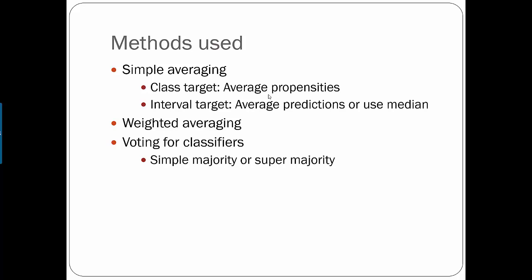In the case of voting, you do the classification from each propensity, and then you consider each classification as a vote and do the final classification. So these are the ways in which all the different results coming in from the different models can be put together.